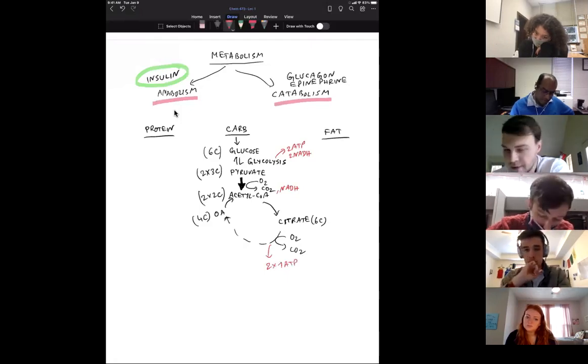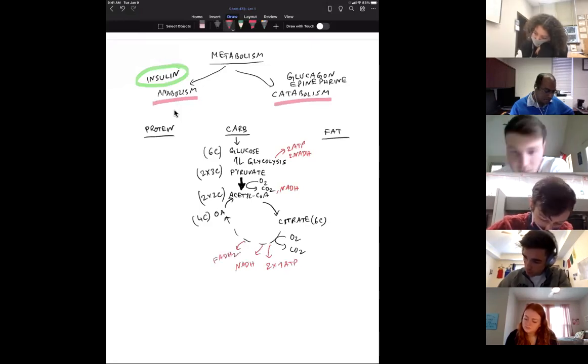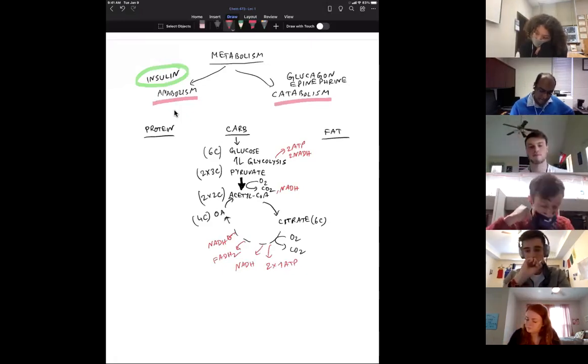We get some NADH, and we also get another thing, which is FADH2, another electron carrier. We also get another NADH. So all these steps are generating all the NADH.